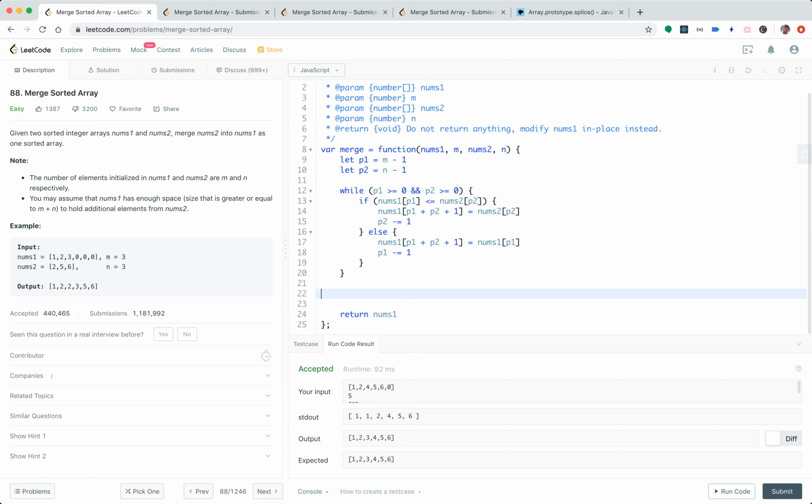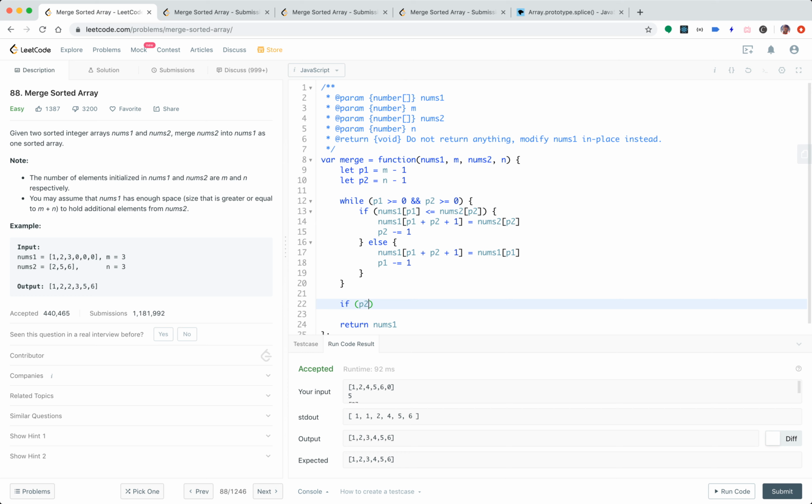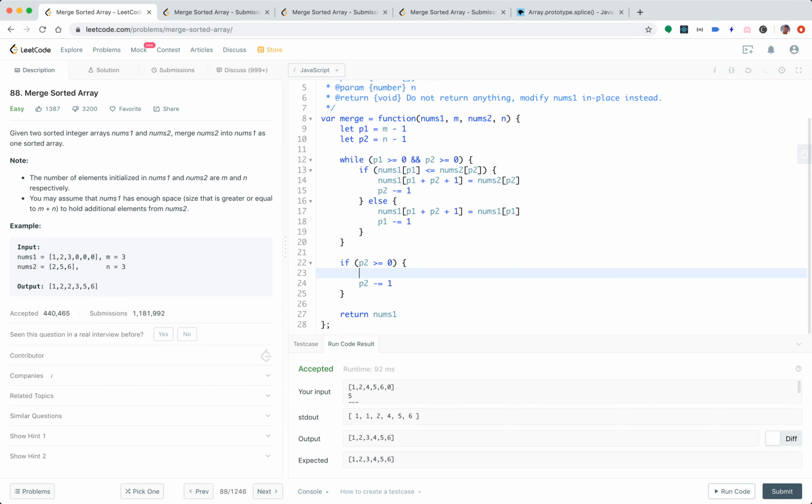So if p2 is bigger than 0, p2 minus equals 1, but we have to say nums2 p here should be nums p2, which is to move it back to nums1.